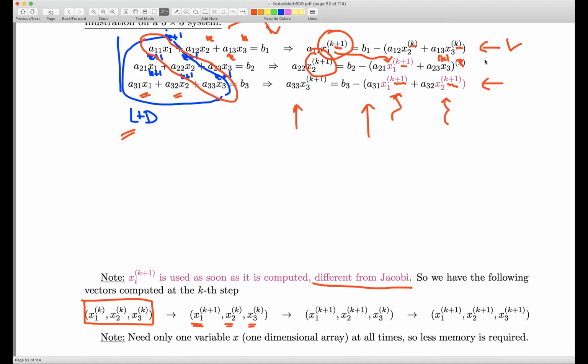Then we come to the second equation, which computes the second component of the vector k plus 1 using the first component of the vector k plus 1. And now x3 is still not computed. Then the third equation computes the third component of the vector k plus 1. So after the third equation, we have all components of the updated vector x^(k+1) computed.